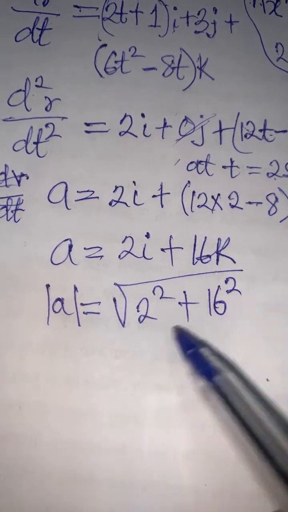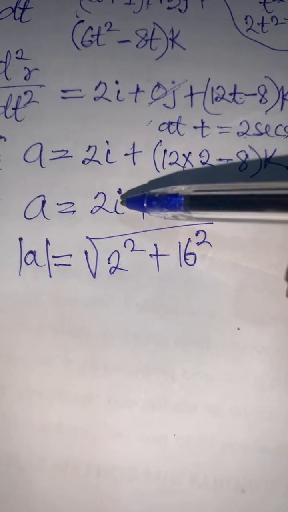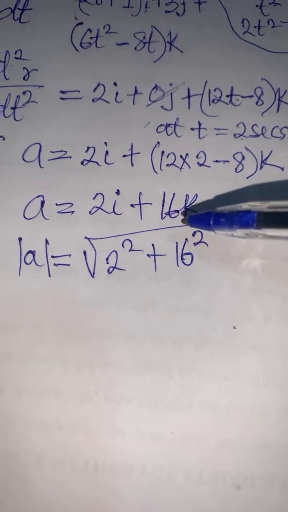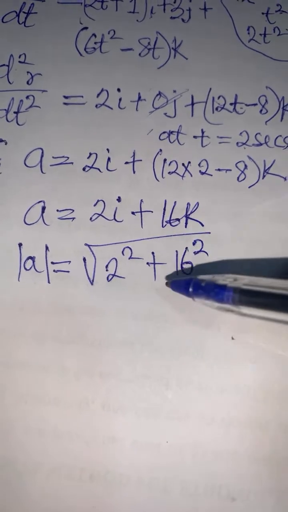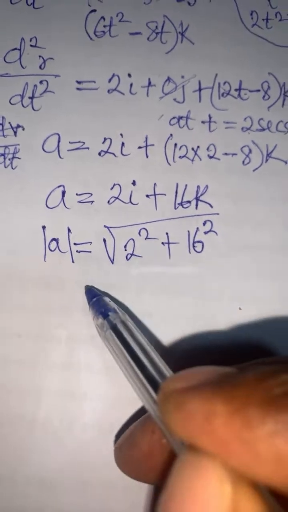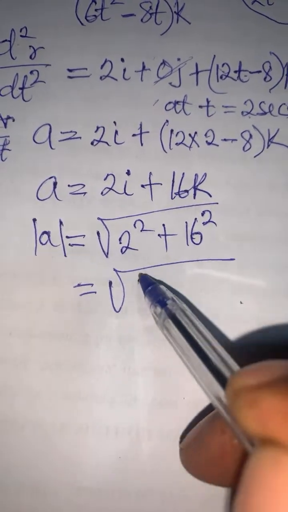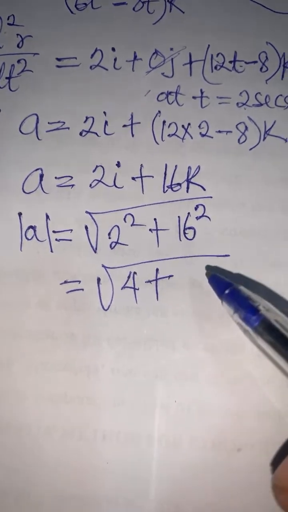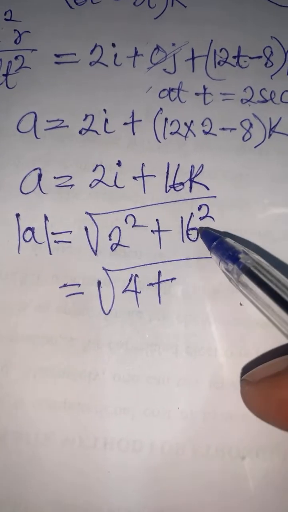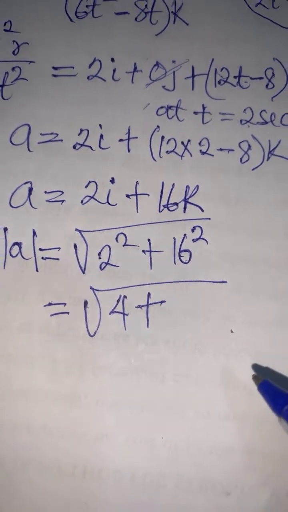Keep in mind that you don't need to bring in the unit vector attached to it. If you're familiar with that, let's finish up. 2 squared is 4, plus 16 squared. What is the result?